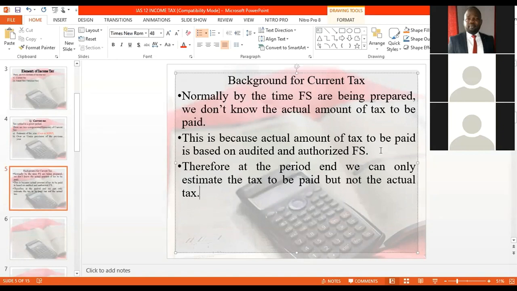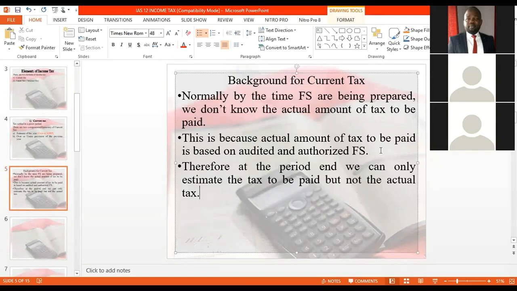Therefore, once you have got your profit before interest and tax, you less your interest to give you profit before tax. You need to less some tax to give you profit after tax. All this is based on estimate. So we will wait until next year, maybe 3 months into next year, is when we know the actual amount of tax.